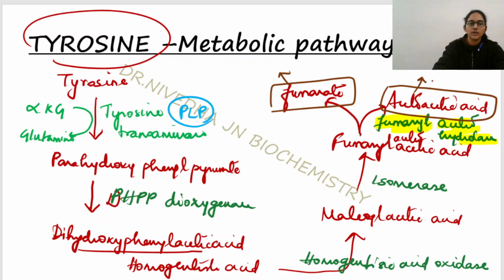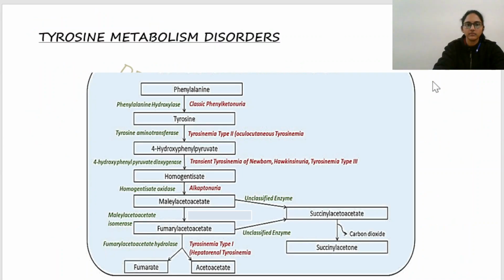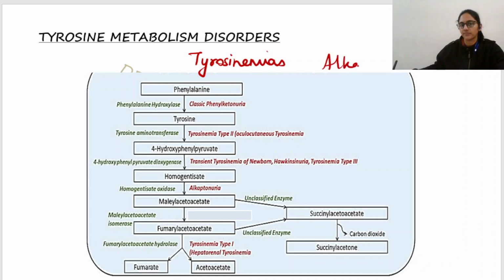All right. Now let's talk about the metabolic disorders associated with tyrosine metabolism. There are mainly two disorders: one is tyrosinemias, and the other one is alkaptonuria. Tyrosinemia has three types: 1, 2 and 3. What is the cause of tyrosinemia type 1?